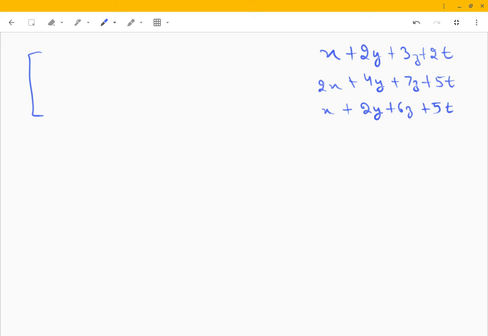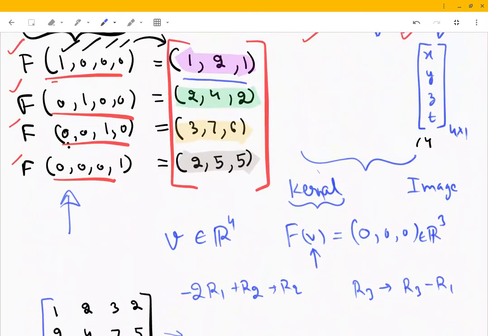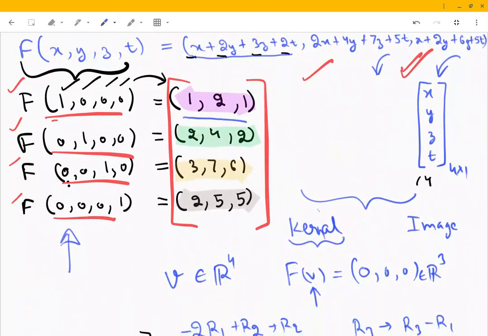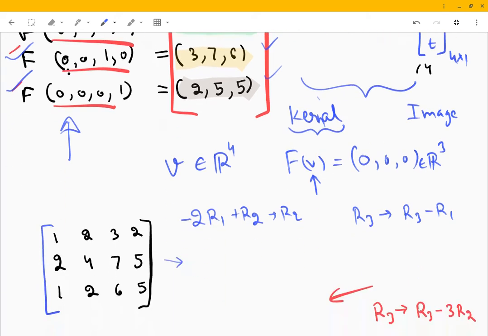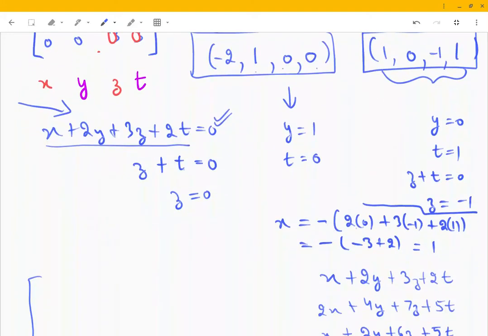Remember, we put these base vectors and we evaluated the image space, which was just the transpose of the transformation matrix. So that is what I'm going to do now.